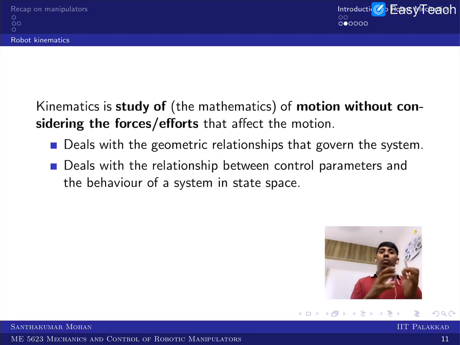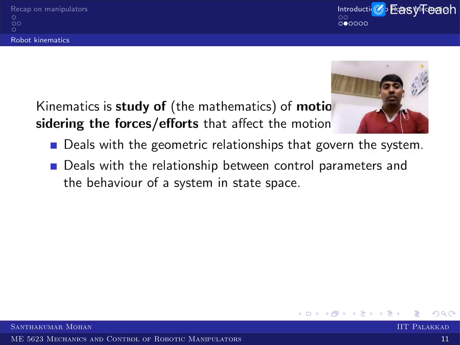So you will be dealing with several coordinate systems and several subspaces. In that sense, robot kinematics is nothing but mapping from one space to another space and studying the motion between them. This is what we call robot kinematics. We'll see it in great detail in the further slides, but now you can get an idea of what kinematics is, right?